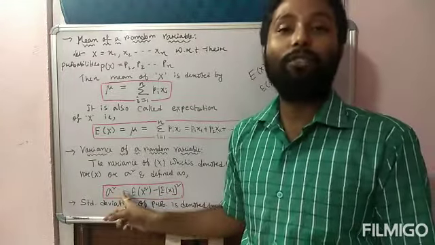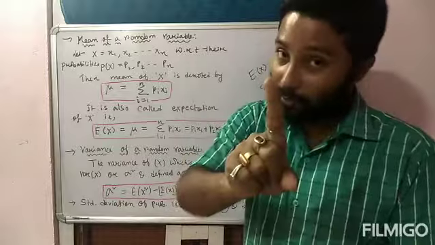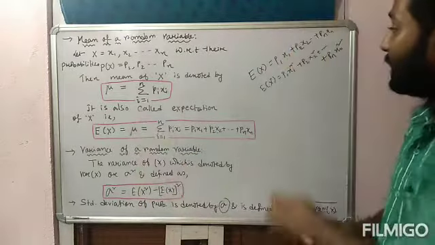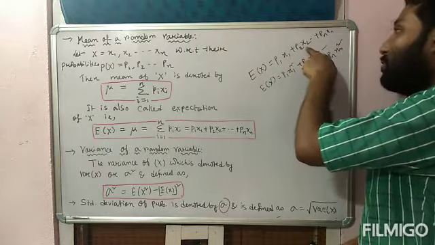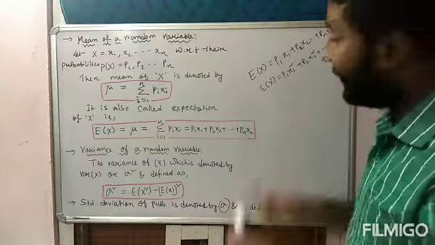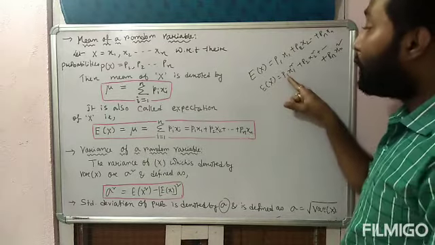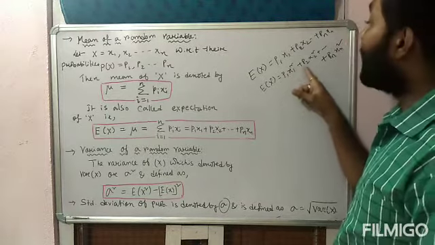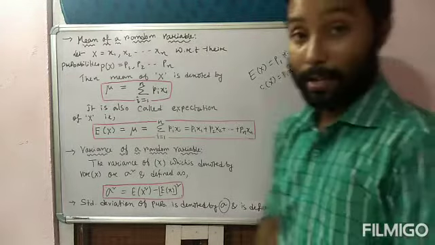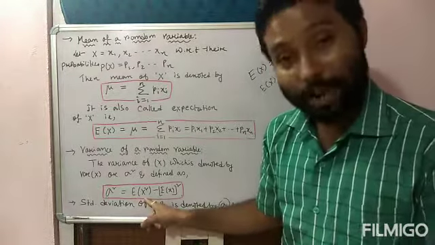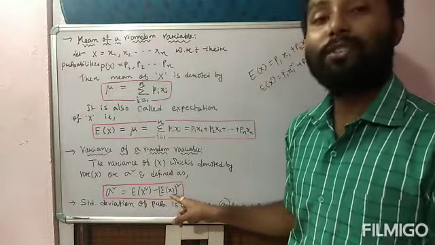Don't get confused. E of x square का meaning है, if you know Ex means what? p1 x1 plus p2 x2 plus pn xn. Then E of x square means p1 into x1 square plus p2 into x2 square plus pn into xn square. Okay, this is E of x square minus E of x whole square.